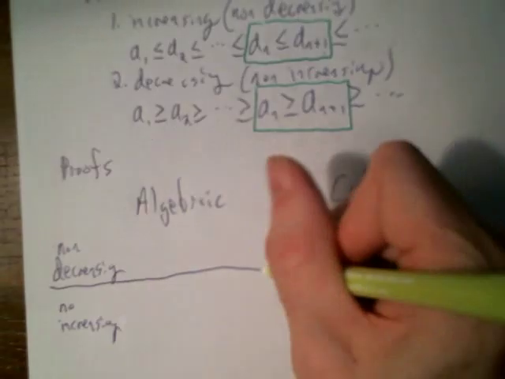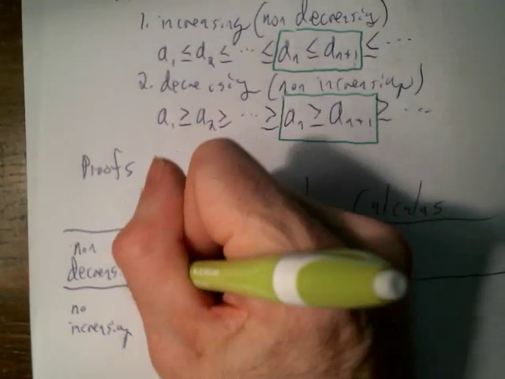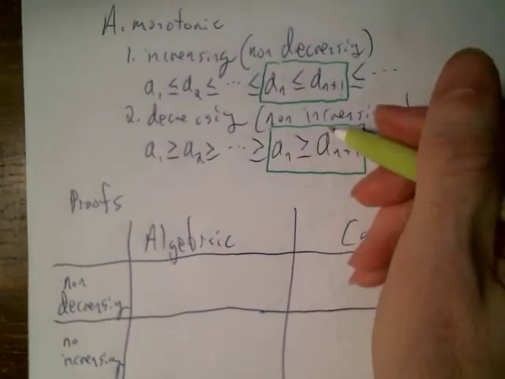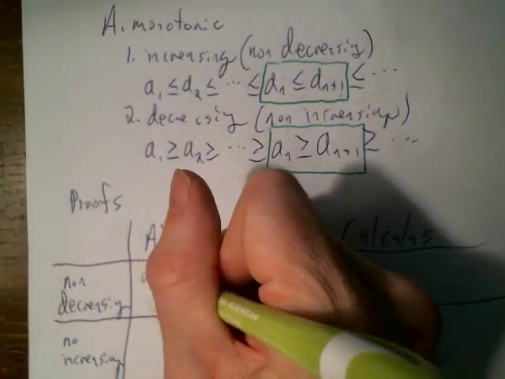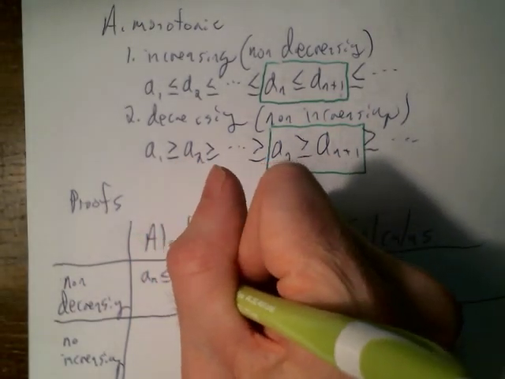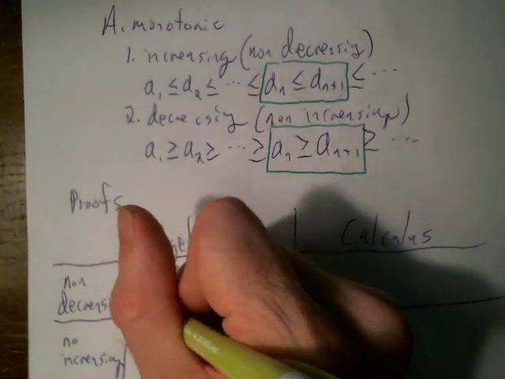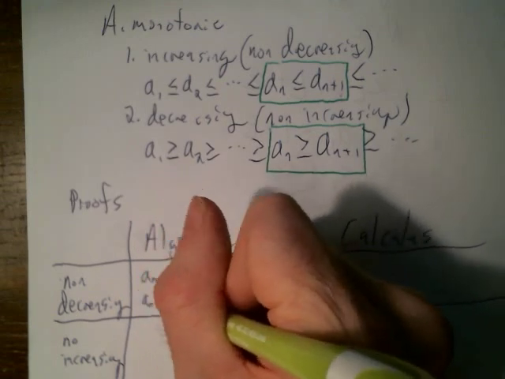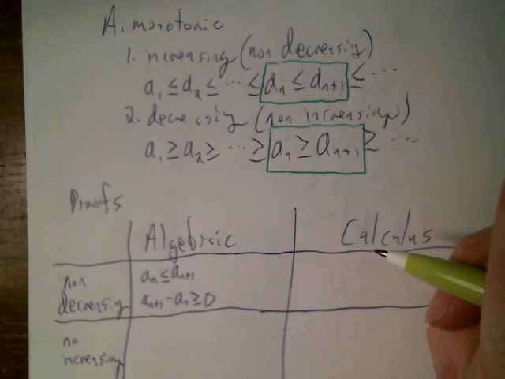And so for non-decreasing, you want to show one of the following things. You want to prove that a sub n is less than or equal to a sub n plus 1. Or you want to prove that a sub n plus 1 minus a sub n is greater than or equal to 0.